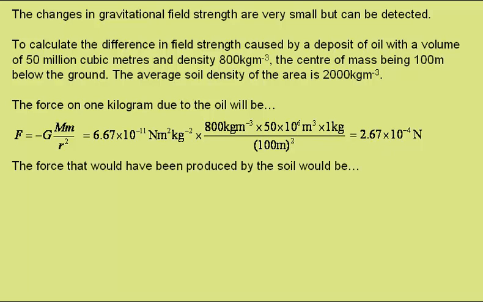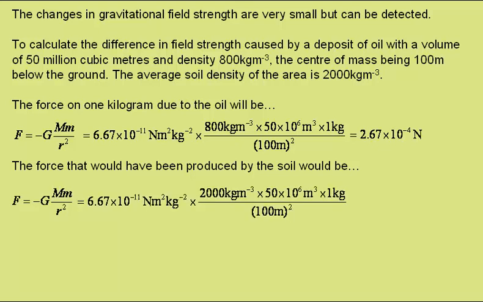Now we can calculate the force that would have been produced by the soil, using the same formula, but now with the density of the soil multiplied by the same volume, gives a force of 6.67 times 10 to the minus 4 newtons.